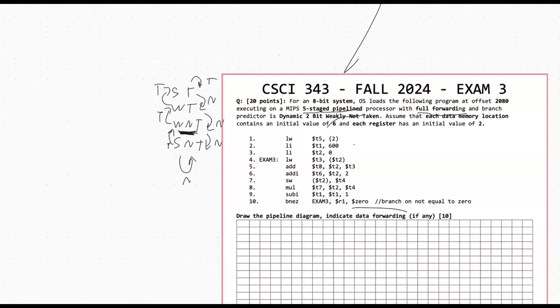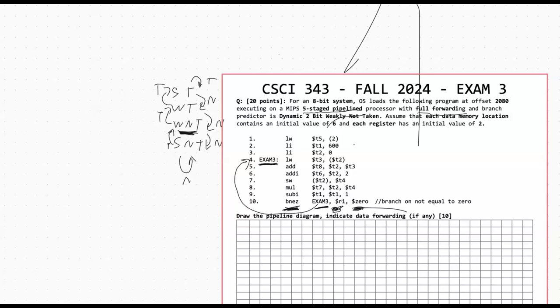We know this because we have the exam3 label here, and we have a branch if not equal to the exam3 label. So this is telling us, hey, if this and this are not equal, if this is not equal to 0, I am going to branch myself to instruction 4. That's what we're dealing with over here.